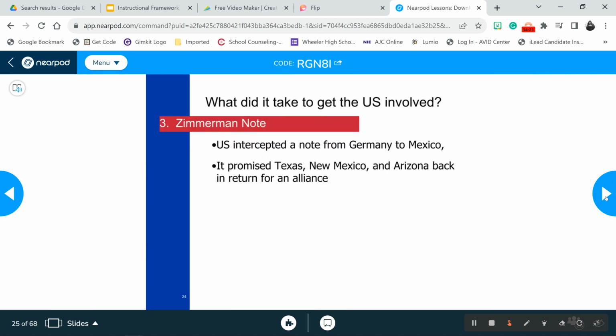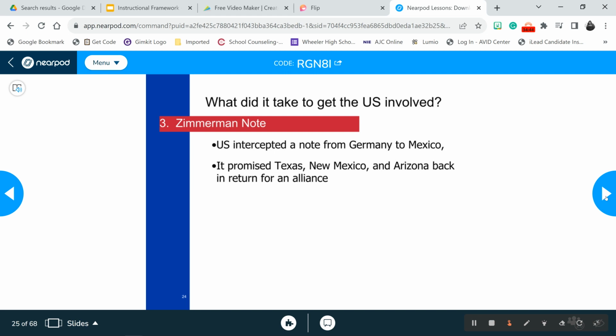The third one, and the biggest one, was the Zimmerman note. And I think the movie said that yesterday, didn't it? Didn't it reference the Zimmerman note? I feel like it did. All right. The third one was the Zimmerman note, the Zimmerman telegram. In a nutshell, all it said was, hey, Mexico, if you fight against the United States, you get back all your territories.